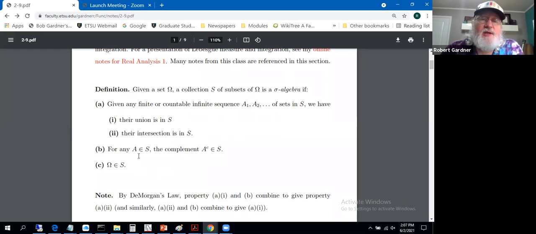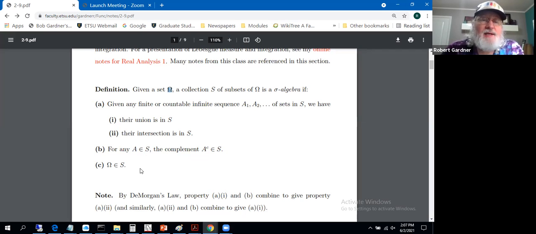Part B, for any A in set S, the complement of A, A complement, is also an element of S. Complement with respect to the set under which we're having the conversation, capital omega. So omega set minus A is what we mean by A complement in this setting. And so a sigma algebra is closed under complements of sets as well.